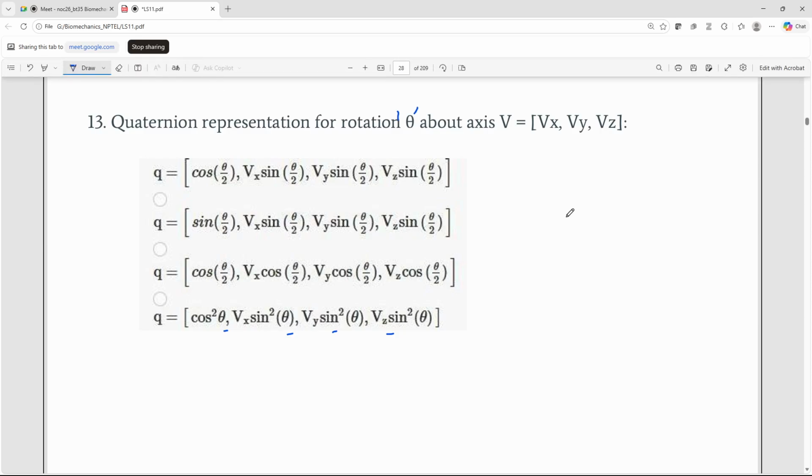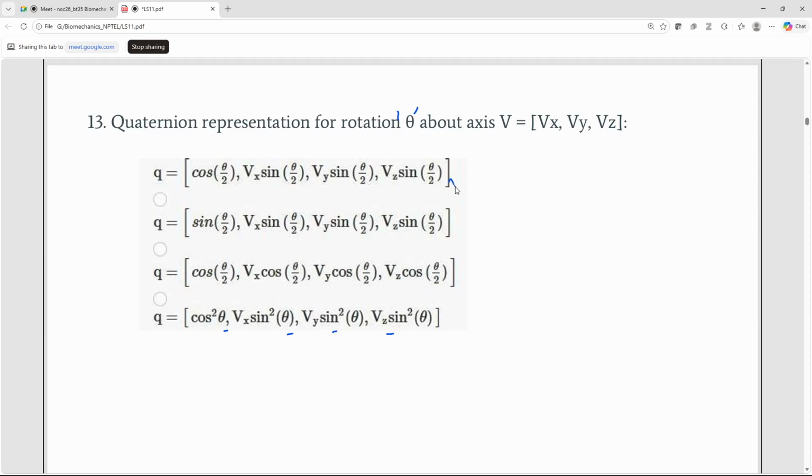Okay. So the correct answer is option A, this one. Because the correct formulation is quaternion Q is equal to cos theta by 2 plus V cap sin theta by 2.